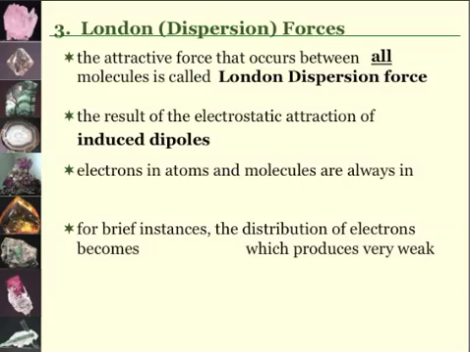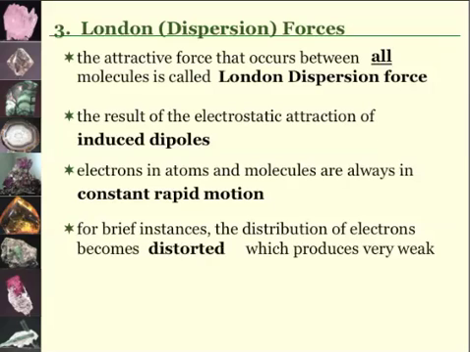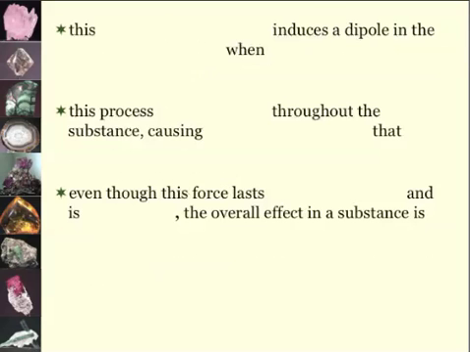Electrons within atoms and molecules are always in constant rapid motion. So for brief instances, the distribution of the electrons becomes distorted, which produces very weak dipoles. These are not dipoles that we would notice in a molecular structure. This is something that is caused just by this rapid movement of electrons.